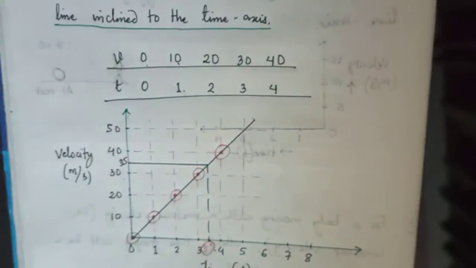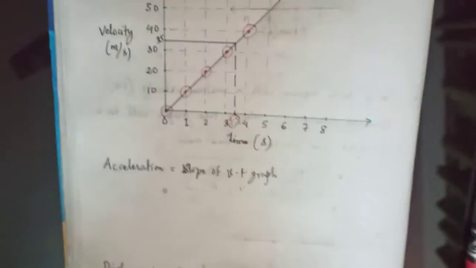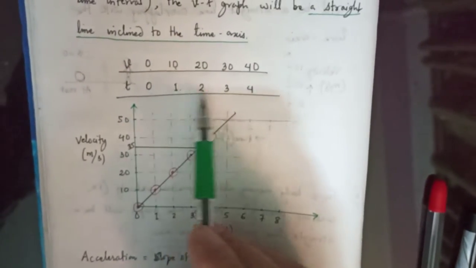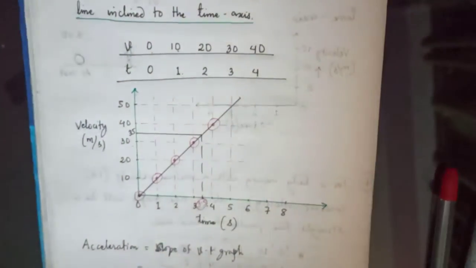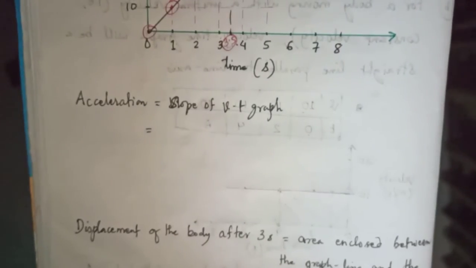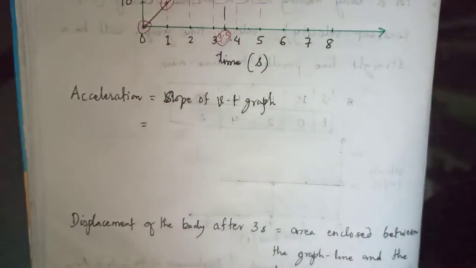In this case, as the velocity is increasing with time, there is an acceleration. In order to calculate the acceleration from the velocity time graph, we find the slope of the velocity time graph.